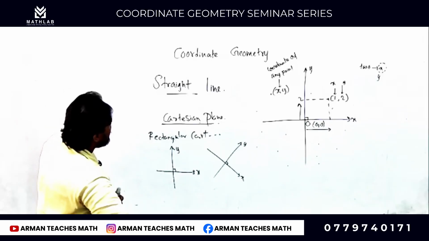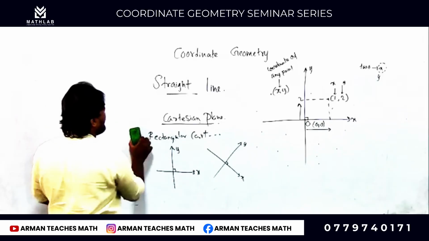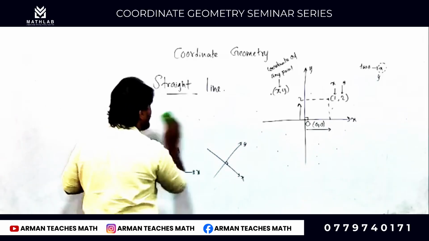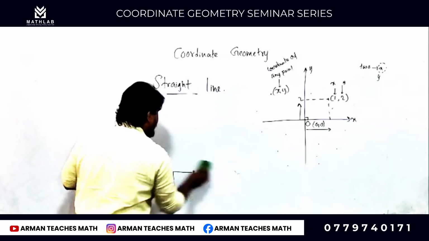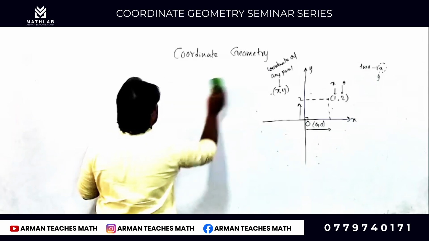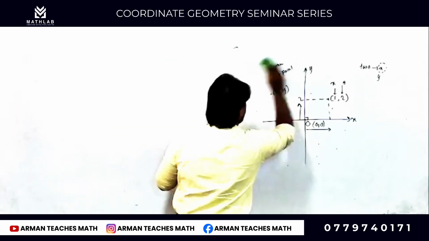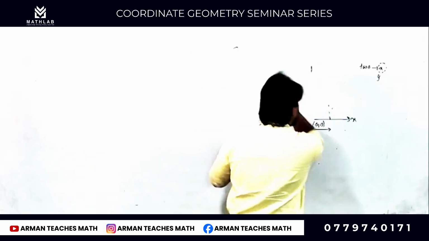So now, how do we mark a coordinate on a Cartesian plane? We start from the basics, starting from grade 9. I'm going to take an XY Cartesian plane.